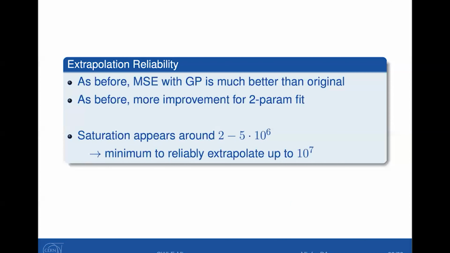So yeah, the saturation appears around 2 to 5. 5 is very, very good, and 2 is almost as good. So 2.5 million turns will allow you, using the standard analytical model with Gaussian processing, 200 iterations, to get a reliable extrapolation to 10 to the 7 turns, which is a pretty good result.